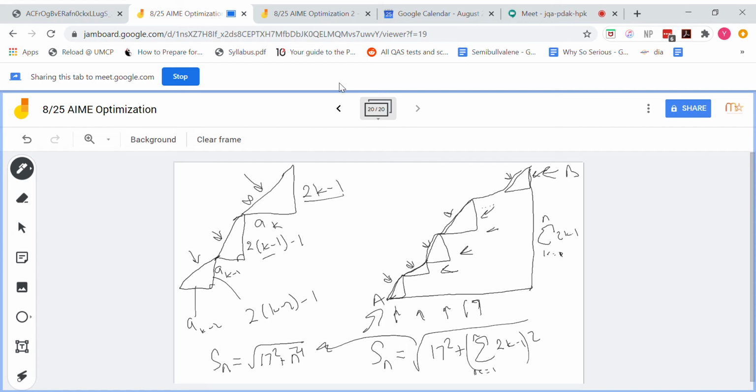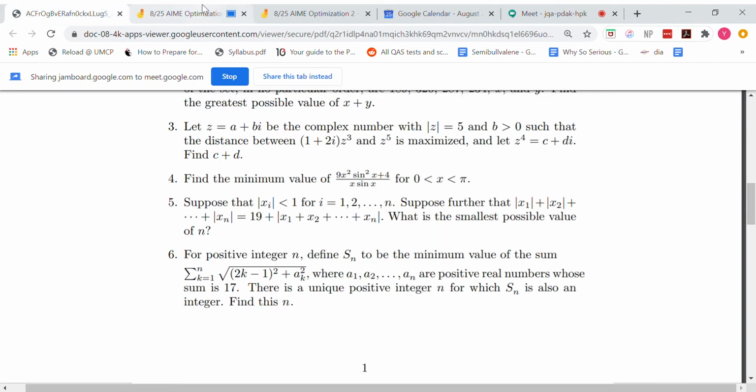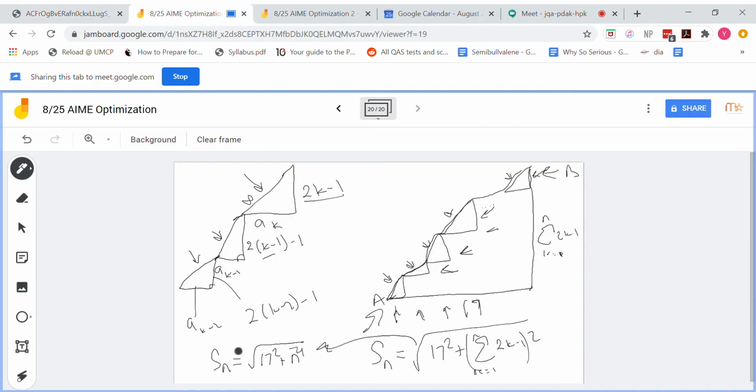Alright? And so now we've found an explicit formula for each of these S of n. So now we don't even need to consider the A of n's anymore. So no matter what n is, this will always be the formula for S of n.